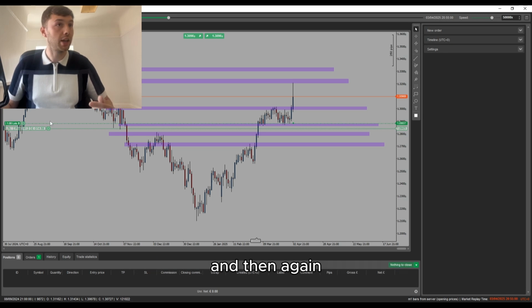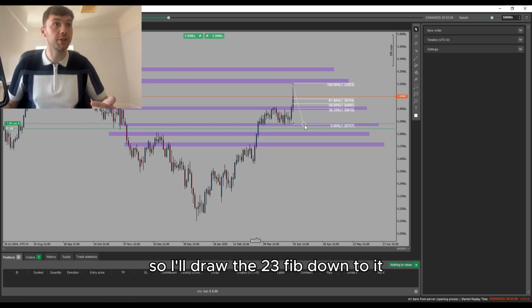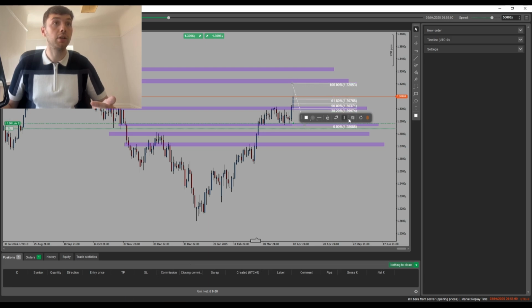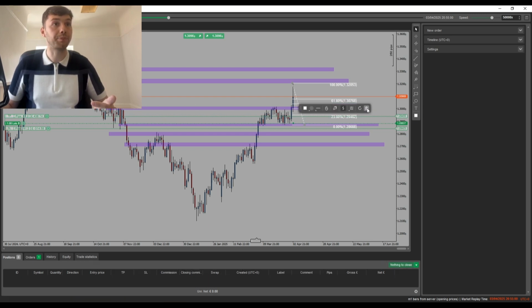That's fine. And then again, you want either the 23 fib or the first area of struggle. So I'll draw the 23 fib down to it, which is there. So that gives me round about, let's go there, so that's a 57 pip take profit.